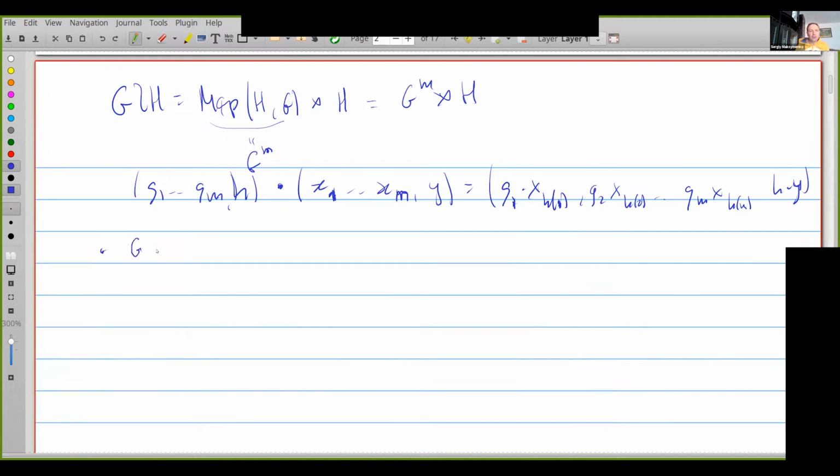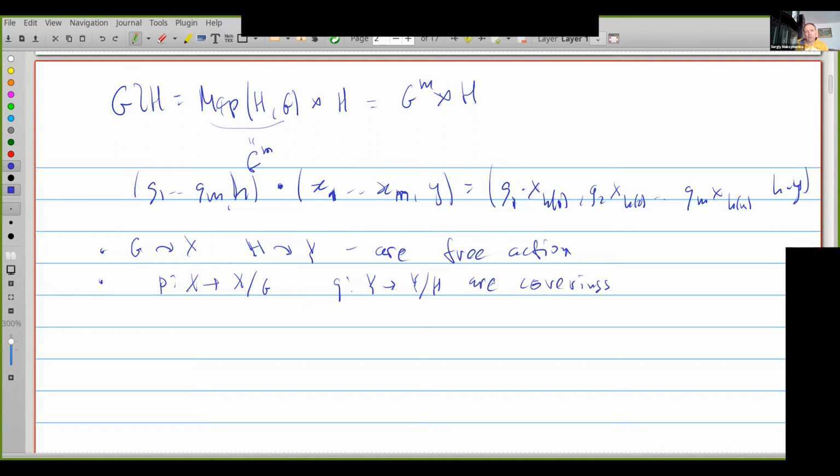First of all, if G acts on X and H acts on Y by free actions, or maybe even more generally, if the projection maps from X to X/G and Q from Y to the quotient are covering maps, that is, free and properly discontinuous actions, not just free actions, then each of these conditions implies the same property for the action of the wreath product on this space.